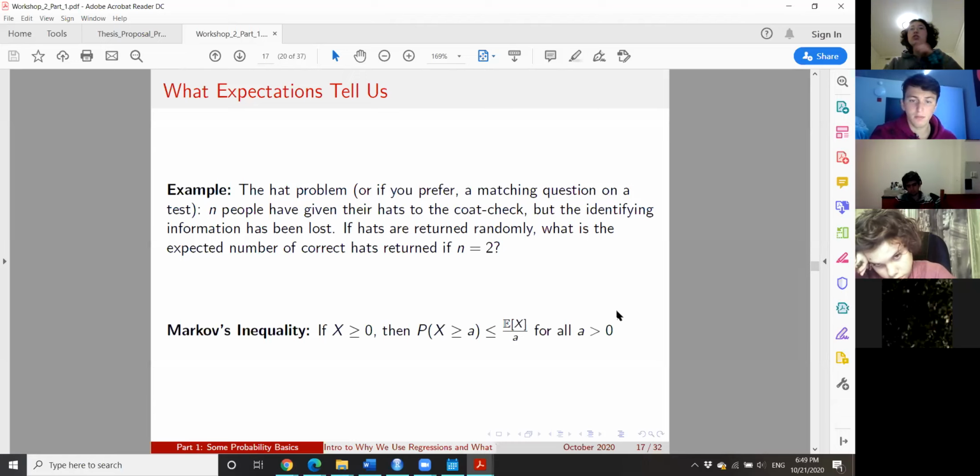So what expectations do tell us is there's this inequality named after Markov. Basically it says that if you have a positive random variable that is super large, the probability that it occurs has to be small enough that it does not throw off the expectation.